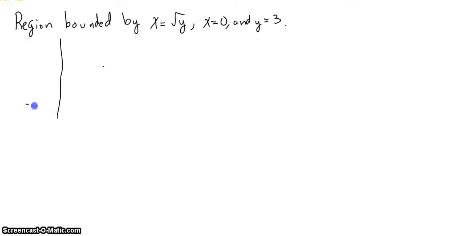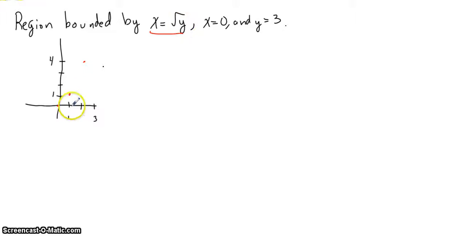Well, we could do a couple different things. One, we just need a quick sketch. So if I sketch the square root, let me put a few values in. For that one, we know 0, 0. When y is 1, x is 1. When y is 4, x is 2.